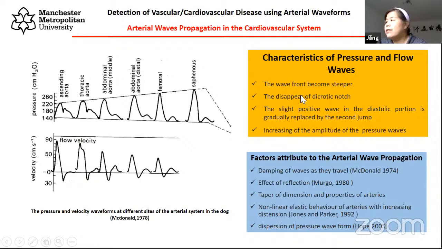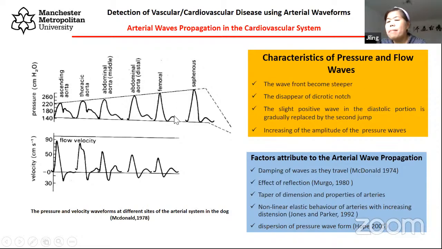Another feature is the disappearance of the dicrotic notch, and the slightly positive wave. This positive wave has been replaced by a second jump. And very obviously, you can see the amplitude increases along the path of the arterial system.